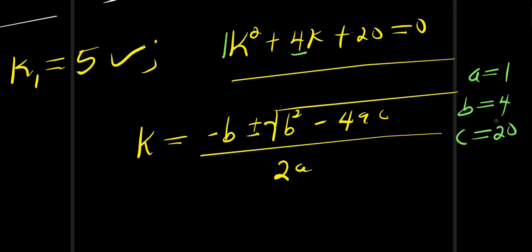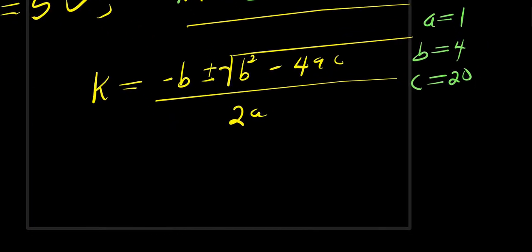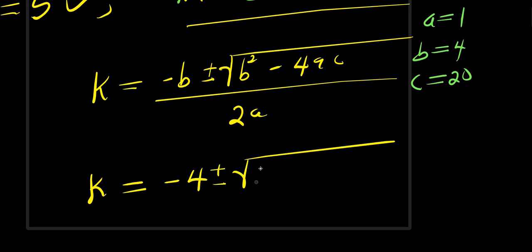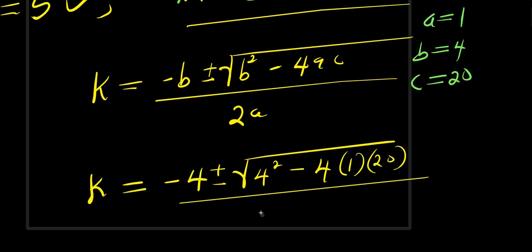And c equals 20, which is the constant here. So from here, k equals negative 4 plus or minus square root of 4 power 2 minus 4 times 1 times 20, divided by 2 times 1.